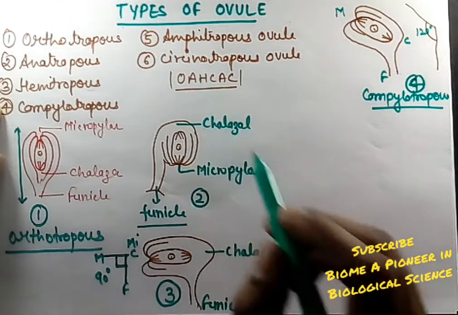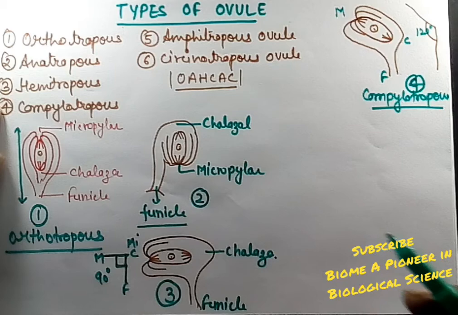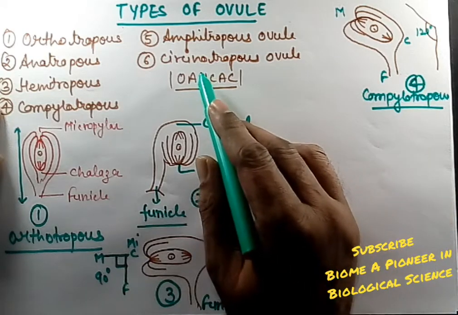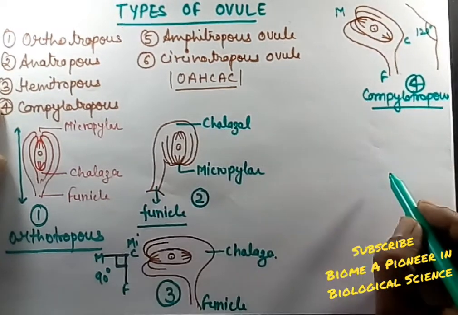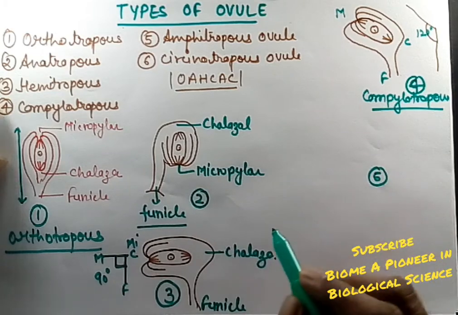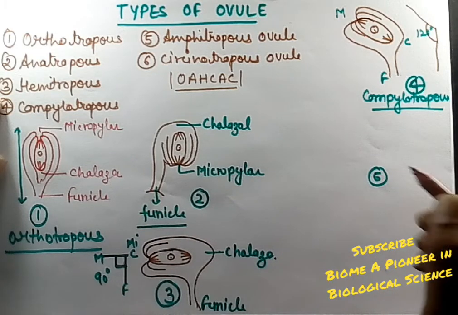Next are amphitropous ovule and circinotropous ovule. What is amphitropous ovule and what is circinotropous ovule? This one, 5th number. See the structure.